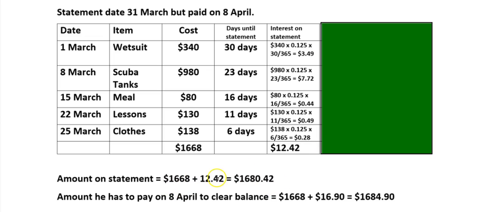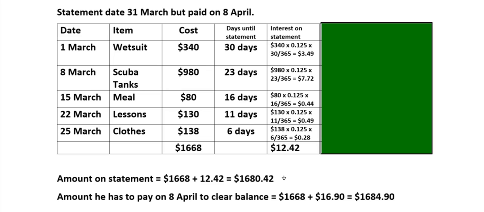So add those two together. This is the amount that's going to be on his statement labeled the 31st of March. But he doesn't go and pay that bill until the 8th of April. So even though the bill says $1,680.42, he would be foolish just paying that amount, because every day after that date, he's earning more interest.